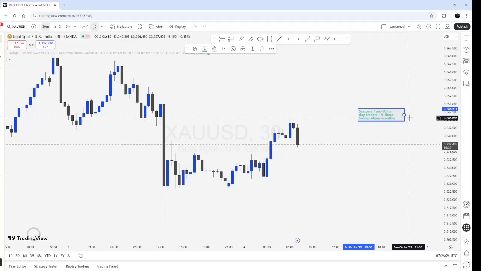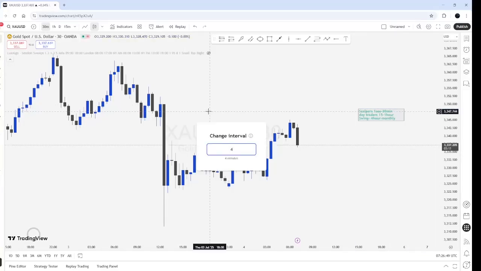So depending on the type of trader that you want to be, do you want to always be on the chart? I can tell you, everybody can become a trader, no matter how busy you are. If you are working, you can become a trader. You can be looking at the 4-hour time frame. Let me switch to the 4-hour time frame.